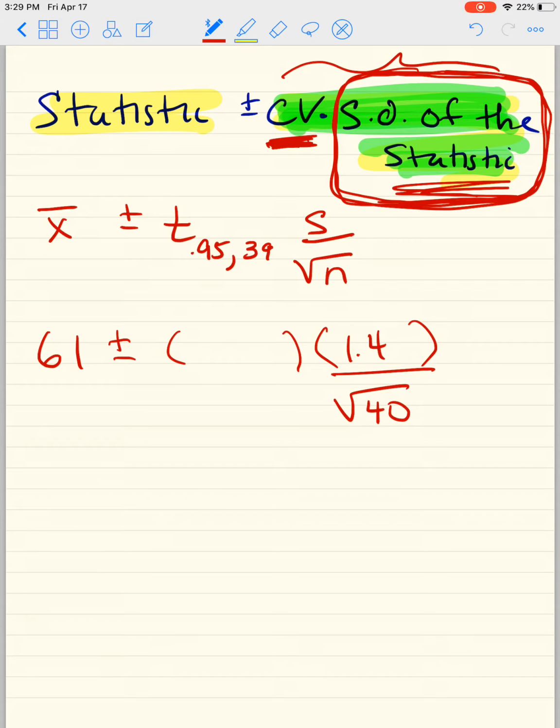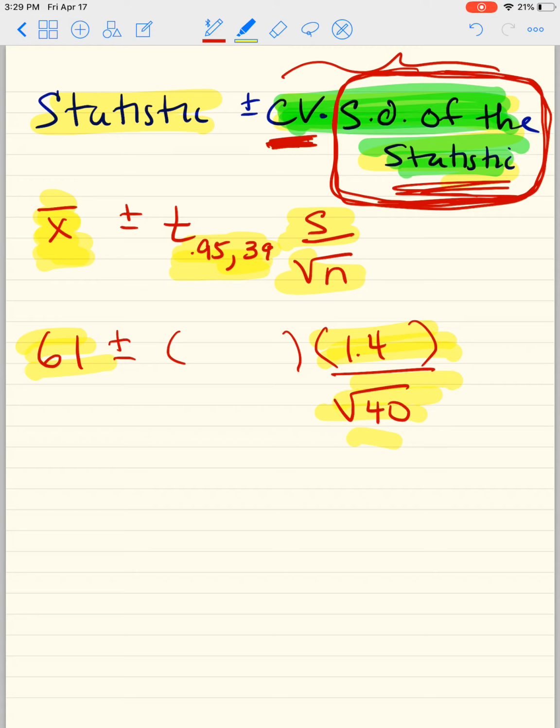My formula is for 1 sample, and it gives you an option between sample mean and sample proportion. We're going to choose sample mean, then the critical value, 95% confident with 39 degrees of freedom, and S times the square root of n. All you have to do is fill this out.